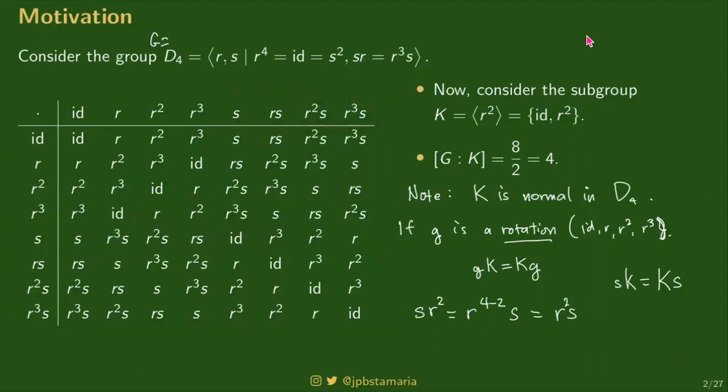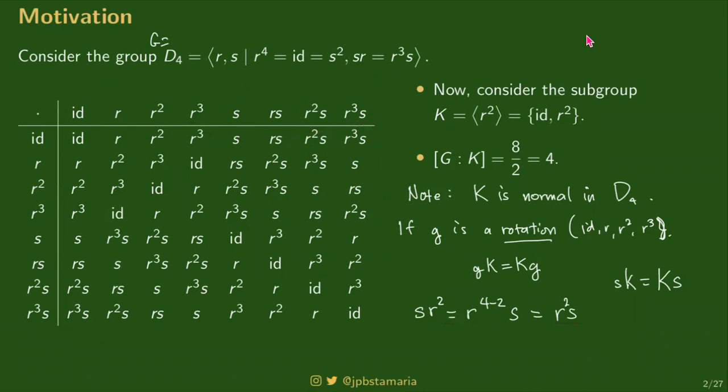Do you agree? Because S itself commutes with R squared. R squared actually commutes with everyone. Nagko-commute siya sa ibang powers ng R, obviously, at magko-commute din siya doon sa ibang other elements which has S in it. Kasi si S itself, nagko-commute siya with R squared.